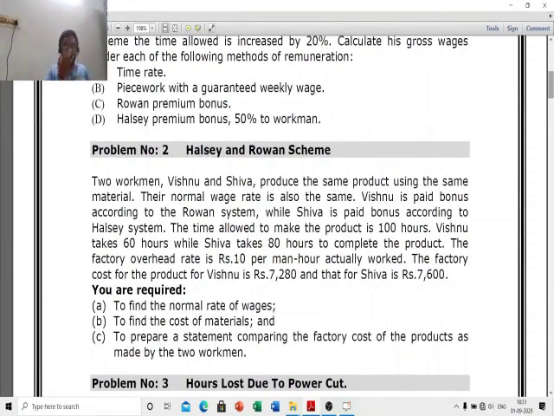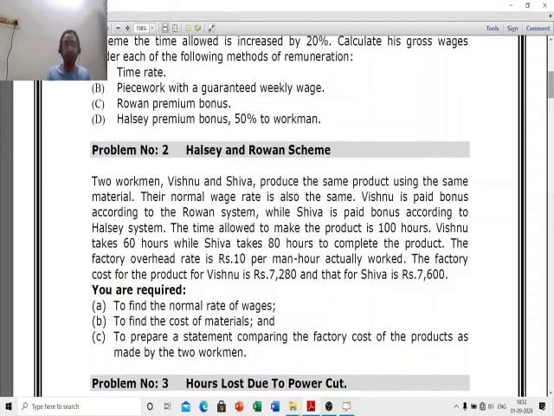Two workmen, Vishnu and Shiva, produce the same product using the same material. Their normal wage rate is also the same. Vishnu is paid bonus according to the Rowan system, while Shiva is paid bonus according to the Halsey system. The time allowed to make the product is 100 hours. Vishnu takes 60 hours while Shiva takes 80 hours to complete the product.